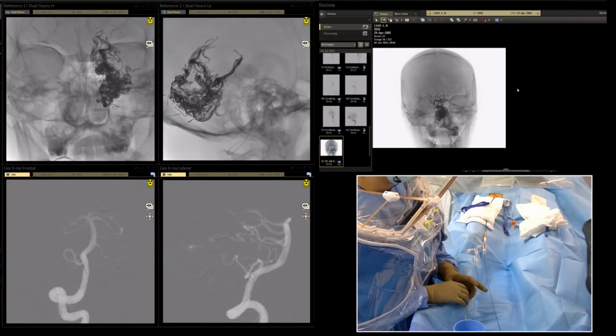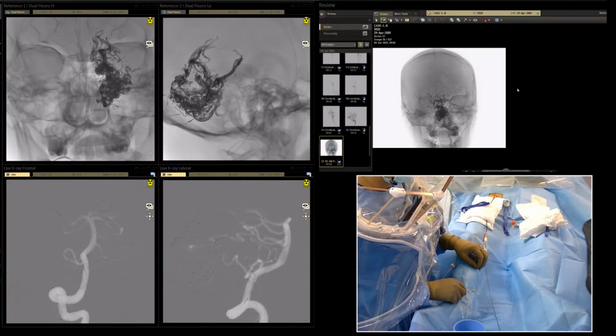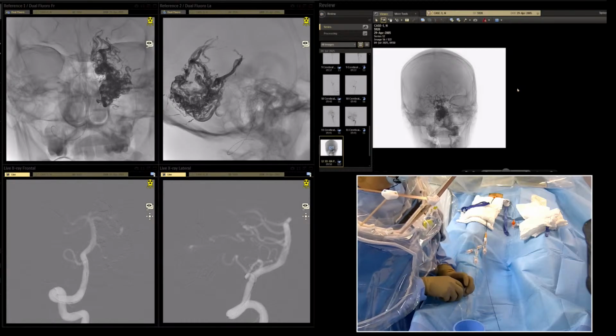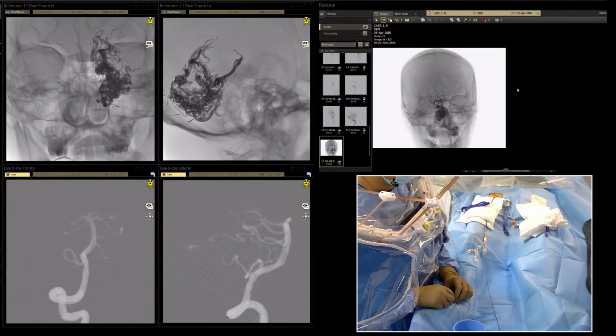It's a Hybrid 8 and it's not so aggressive, that's why it's not so stable. But usually PICA is okay for the catheterization.